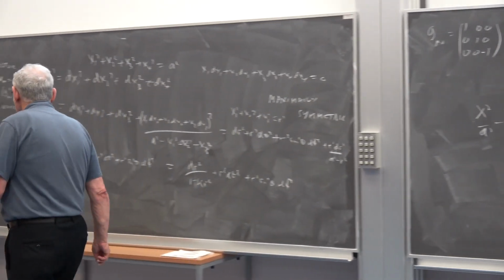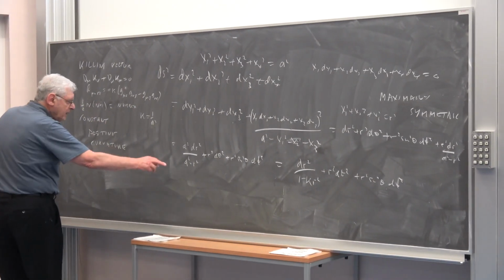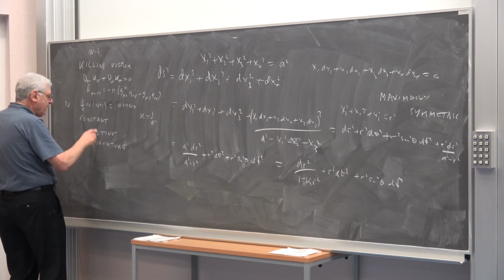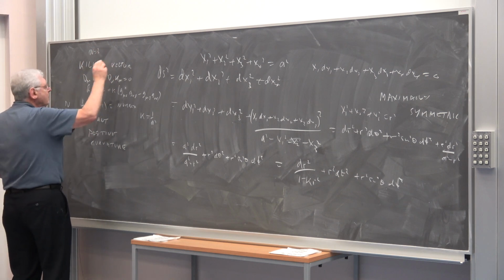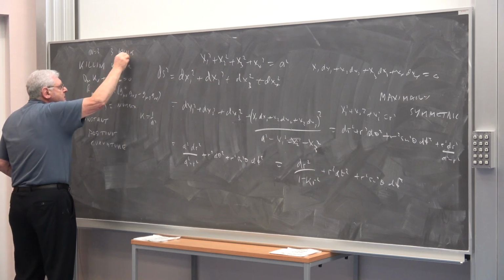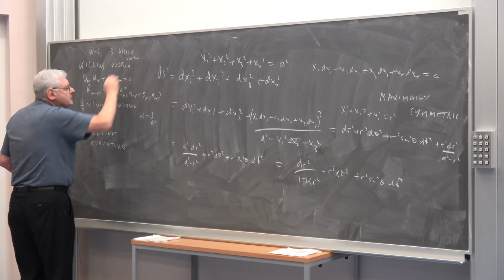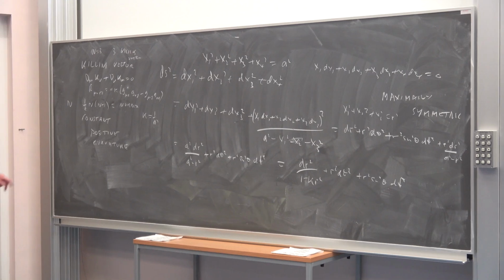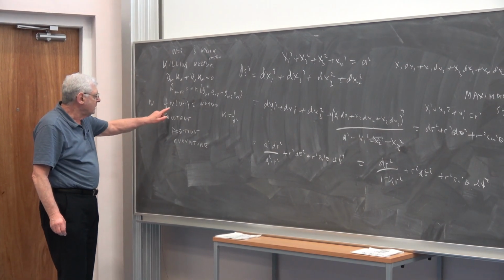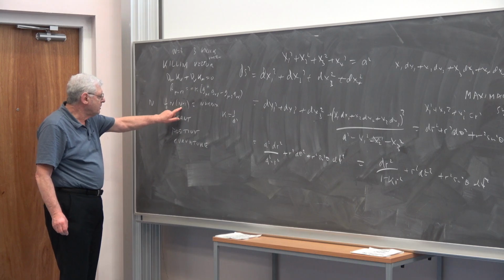If n is 3, then we have 3 times 2 over 2. So there are 3 Killing vectors. Got that right? No, that's not right. Because if n is 3, 3 times 2 over 2 is 3.